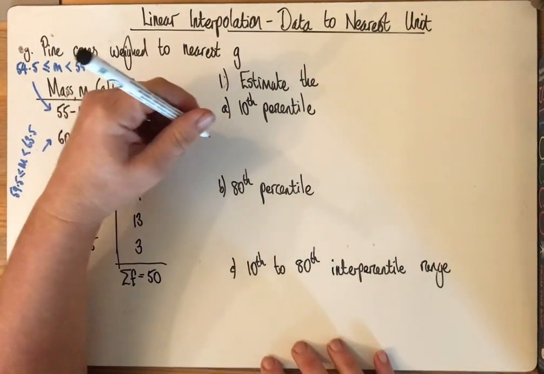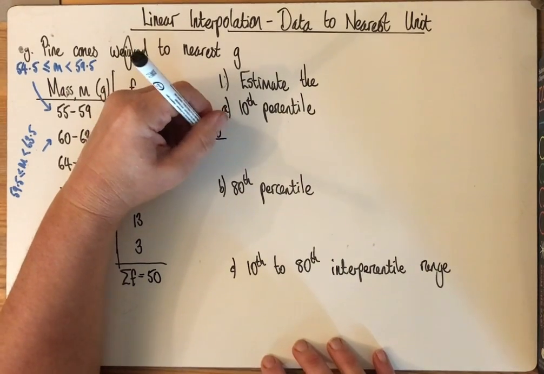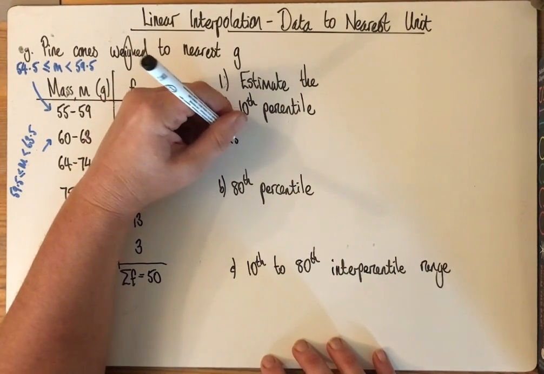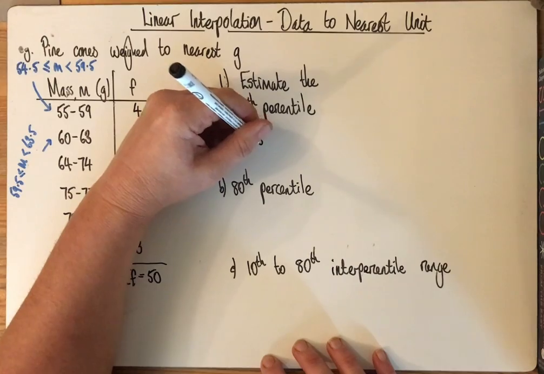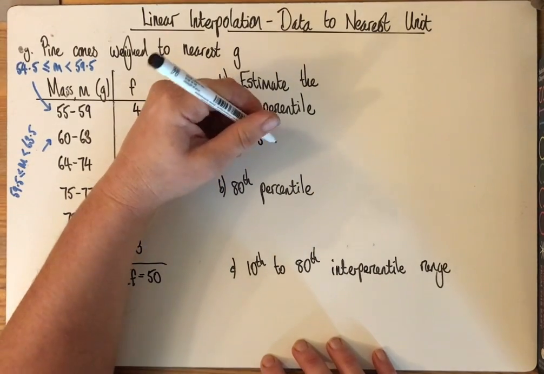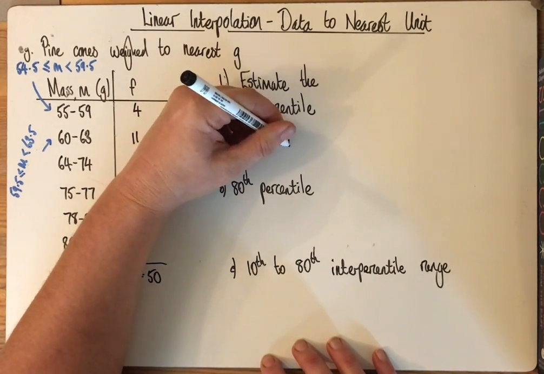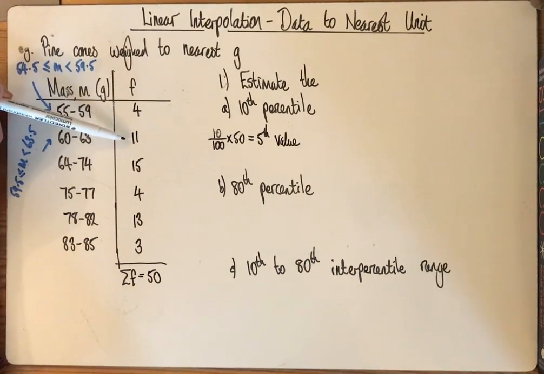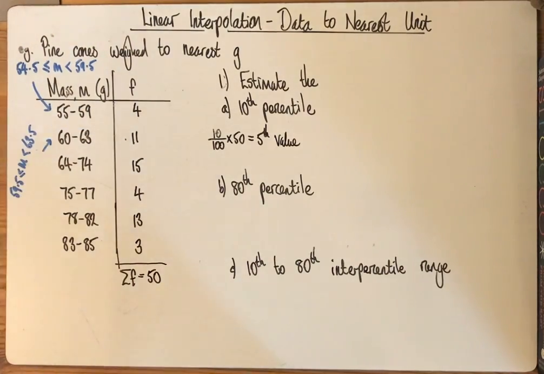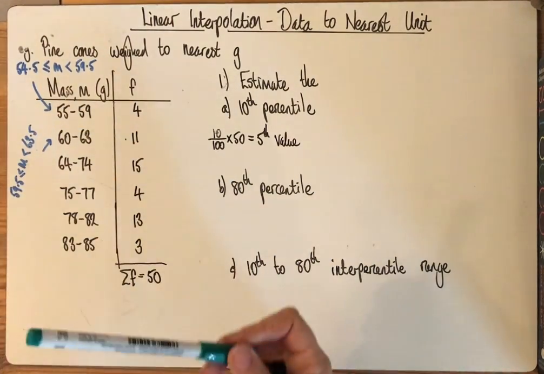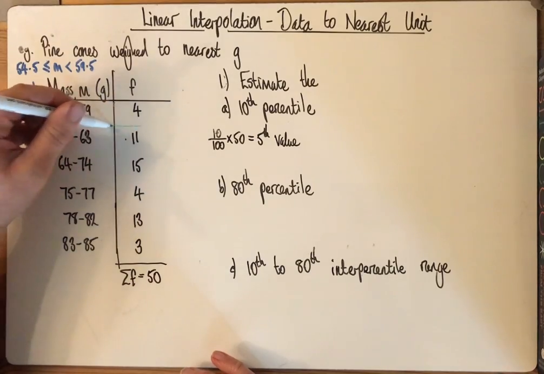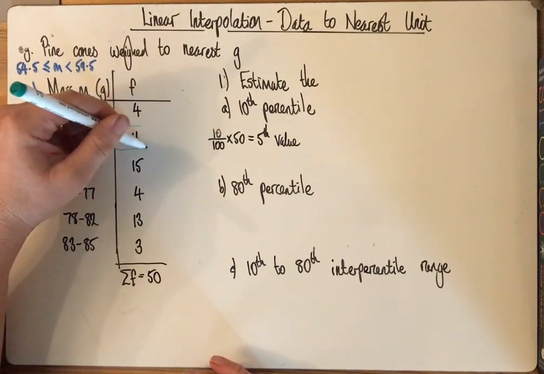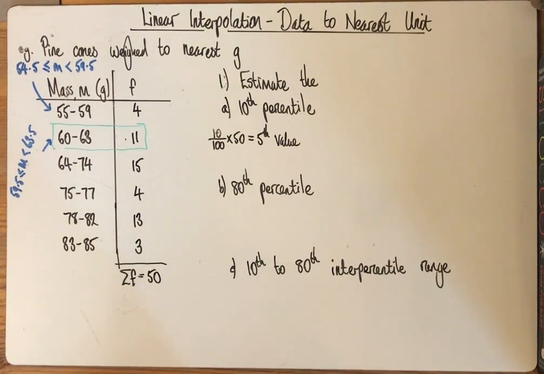So 10% of 50 is 10 over 100 times 50, which is equal to the fifth value. And so the 10th percentile, I've got 4 values here, and so I want to go 1 into the second class width. So I want to go 1 into there and work out where that fifth value lies.